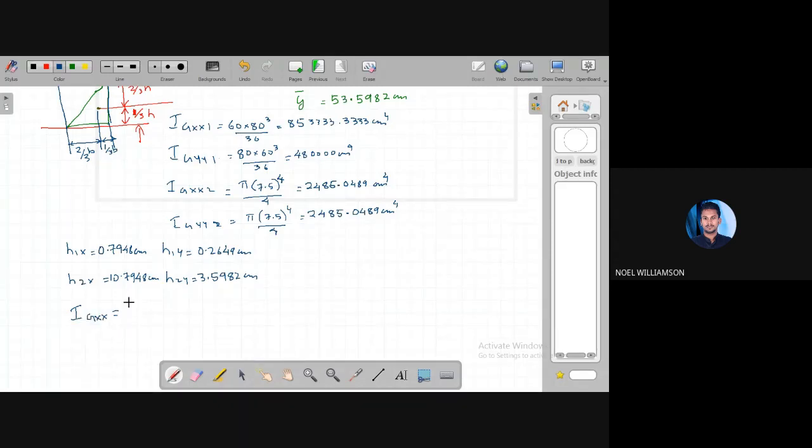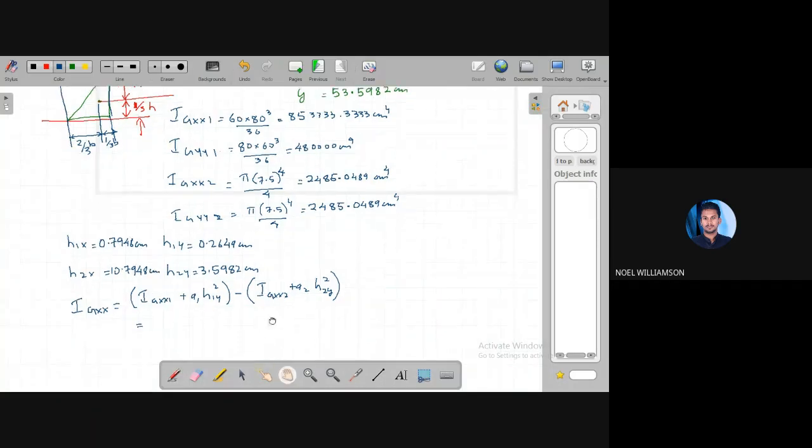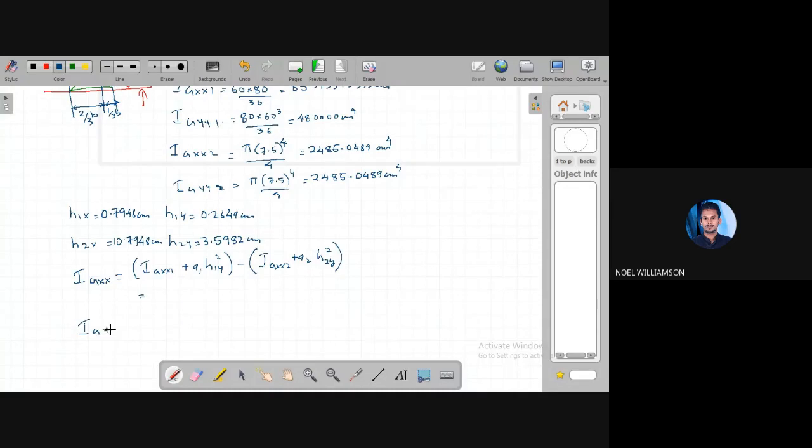So we are using this particular term, IGXX1 plus A1 H1y square, and here we are removing the circle, so minus the circular section. And find out the values.